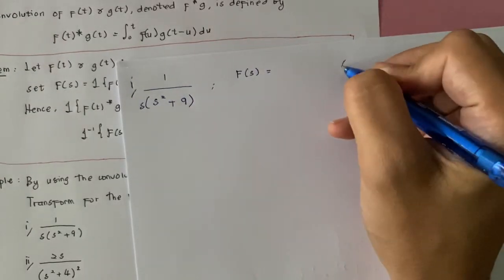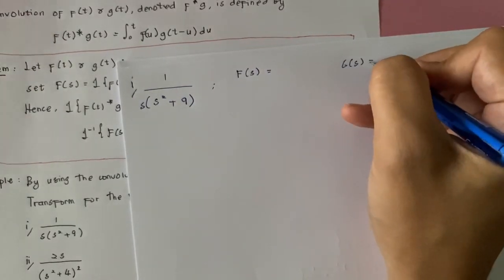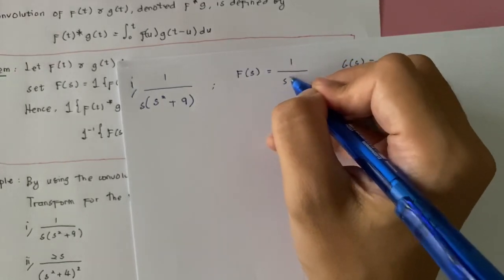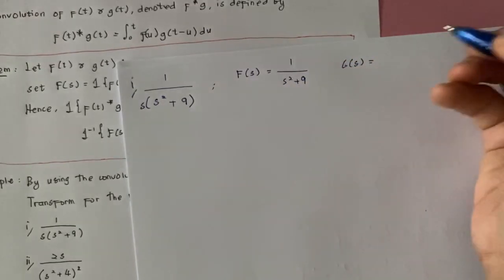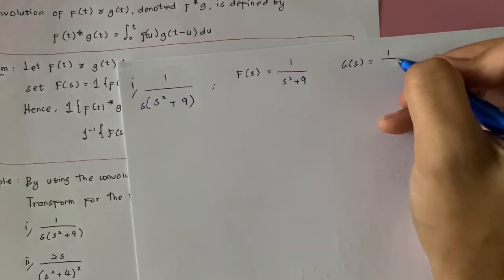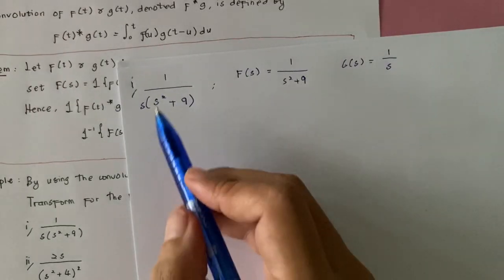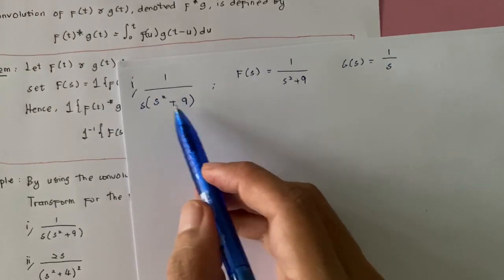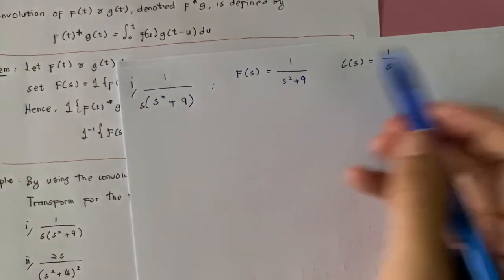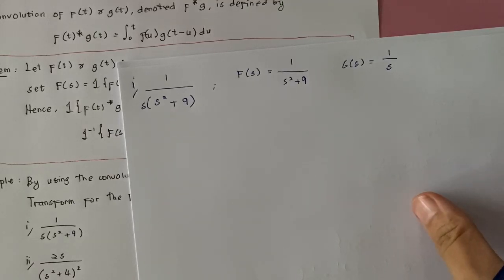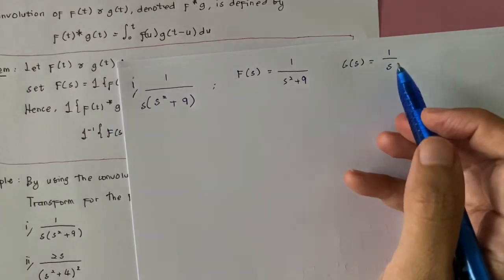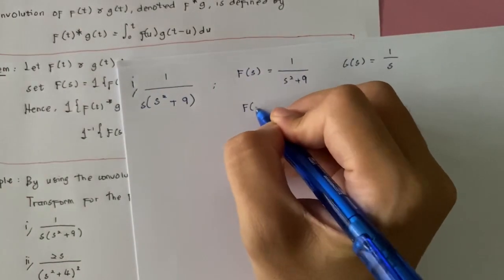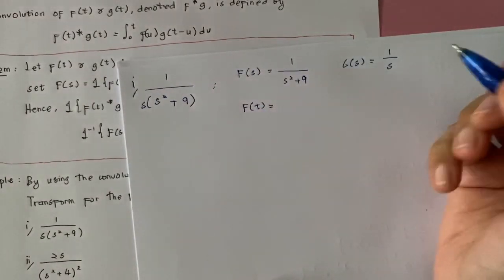What is your G(s)? Let's say your F(s) is equal to 1 over s square plus 9, and your G(s) is 1 over s, because this is a product of 1 over s and 1 over s square plus 9. Second, find the inverse Laplace of both F(s) and G(s).